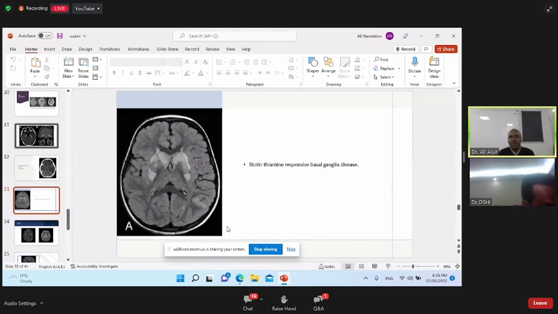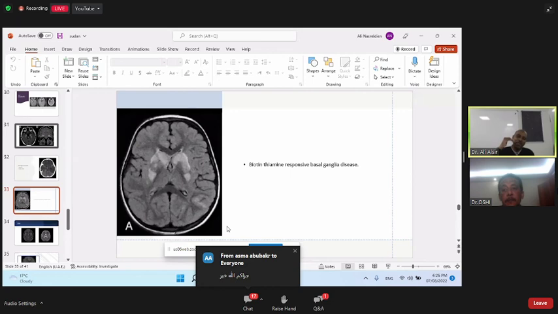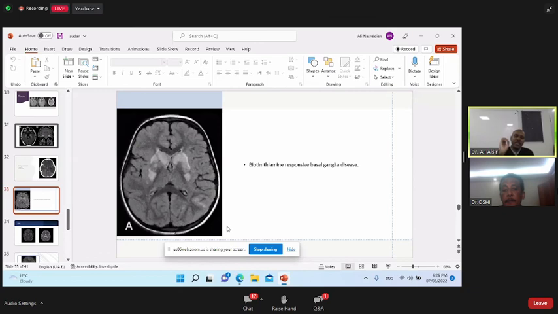When you suspect it, definitely it is a clinical and radiological diagnosis, and usually the MRI is very useful. If you have access to MRI, do the MRI in the first 72 hours, and if you detect the classic radiological findings, then that is the best time to start IV steroids, based on strong evidence.